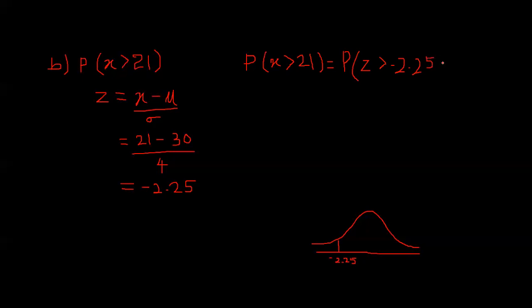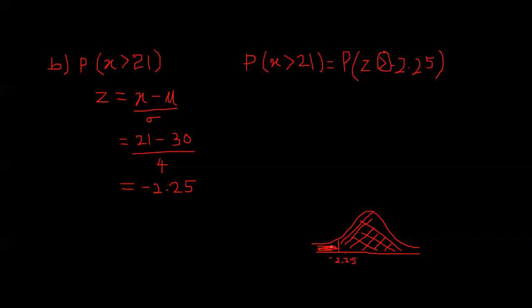Okay, because now Z is greater than, so greater than should be approaching to the right. So the question wants you to get the value in here, the right area. But first of all, never mind, we find the left value first, that is in this area.